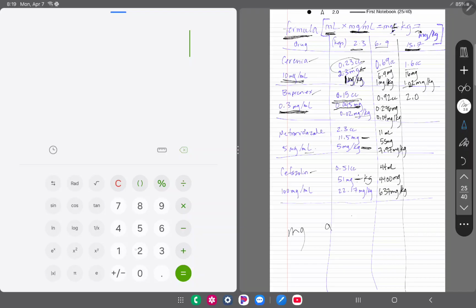If I take my 2 mils times my mg per mil, 0.3, which is the concentration on the bottle, I get 0.6 mg that I gave, divided by kgs, 15.7, and I get 0.038 mg per kg.